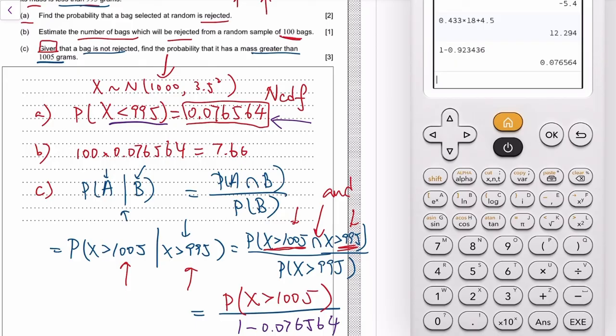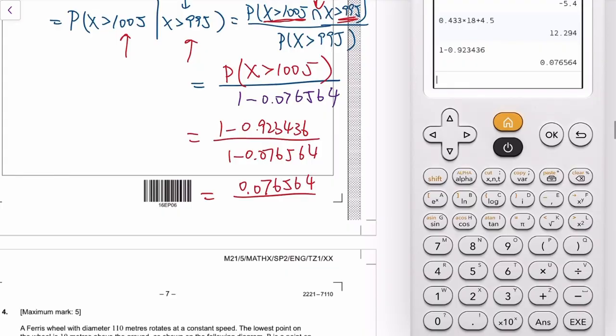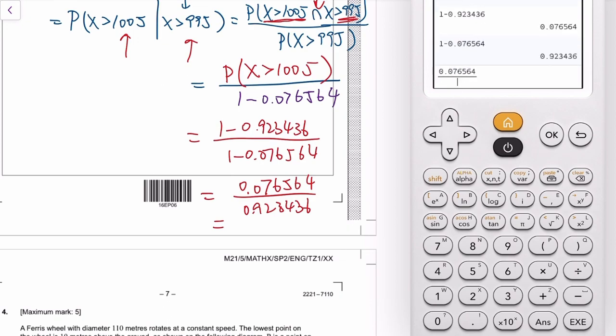They're symmetric. Of course the probability is the same. I didn't notice that, but still fine. So the final answer would be that thing over that thing, 0.0829 for 3 significant figures.